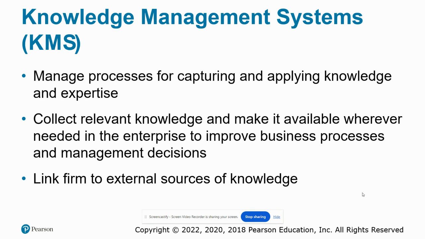Knowledge management systems are useful for helping a firm's employees to understand how to perform certain business processes or how to solve problems. We want to think about what the consequences might be for a firm with poor knowledge management systems.